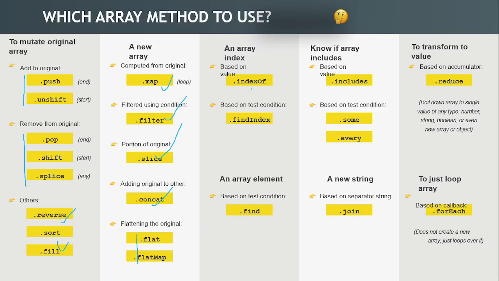And then we have also not looked at this one. This is finding an item based on the index. You can also look at these ones, but we looked at includes. We have also not done every and some. We looked at reduce, and forEach, and we also at some point looked at the join method.